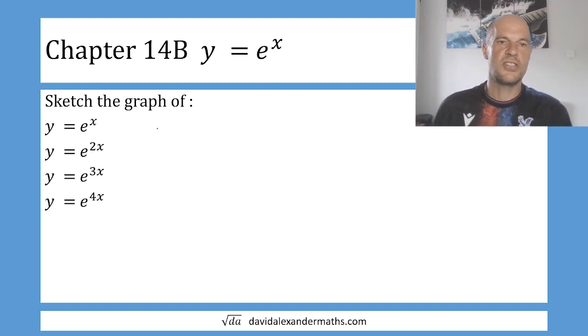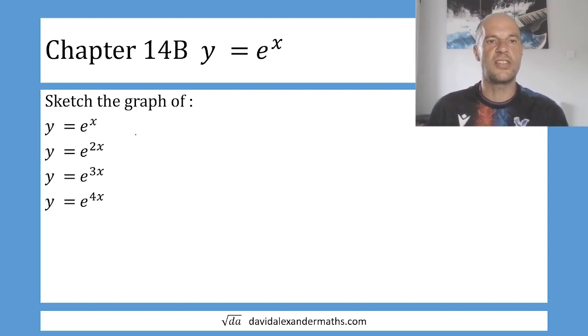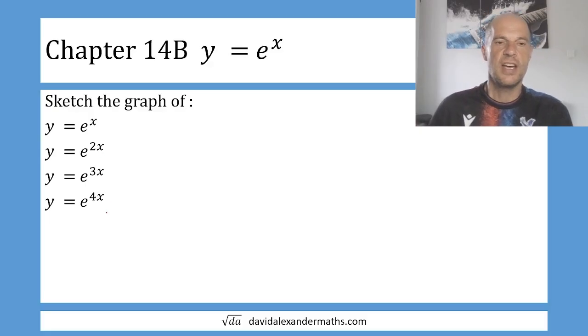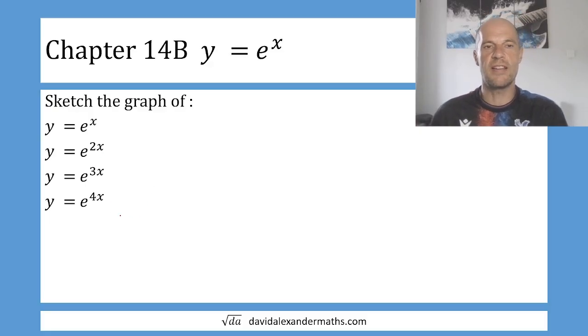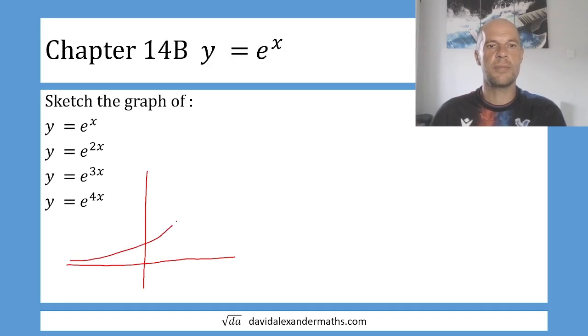Okay, so here we've been asked to sketch e to the x, e to the 2x, e to the 3x, e to the 4x, just so that you can understand what they look like. You'd never be asked to sketch all of these on top of each other, but it's handy to know roughly what they look like. So e to the x we know is our usual exponential curve that goes through 0, 1, and the line y equals 0 is the asymptote.